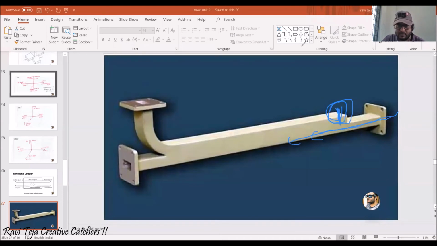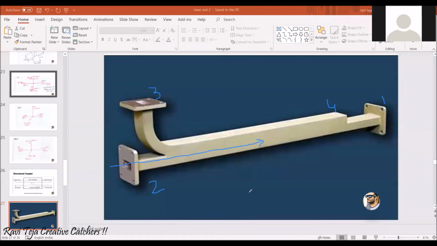Okay, suppose a microwave energy is traveling through here. This is our port 1, this is our port 2, this is our port 3, and this is our port 4. Now, what is our incident port here? Port 2. Port 2 has our incident power. Now, what is our received port? Port 1, our received power at port 1. What is our forwarded power port?